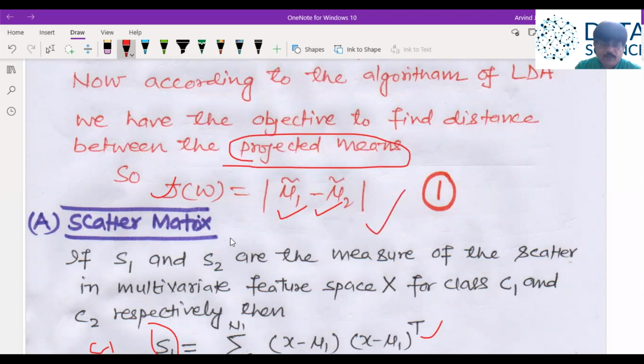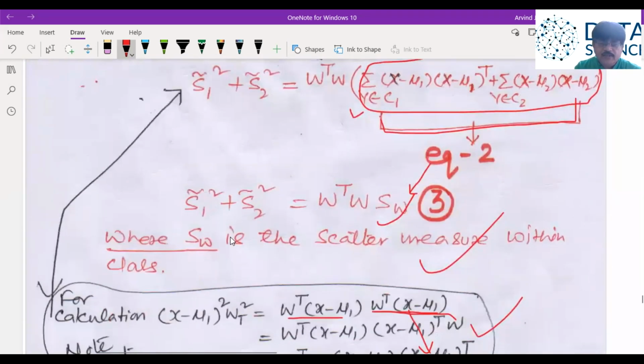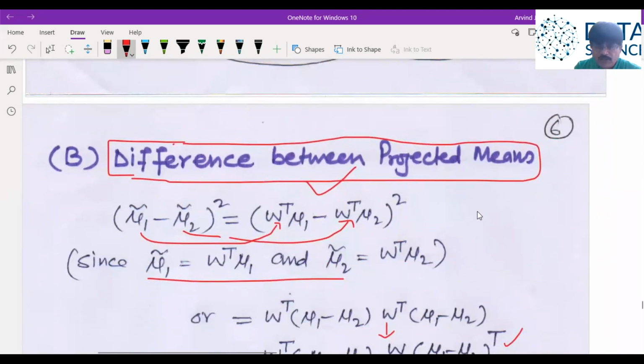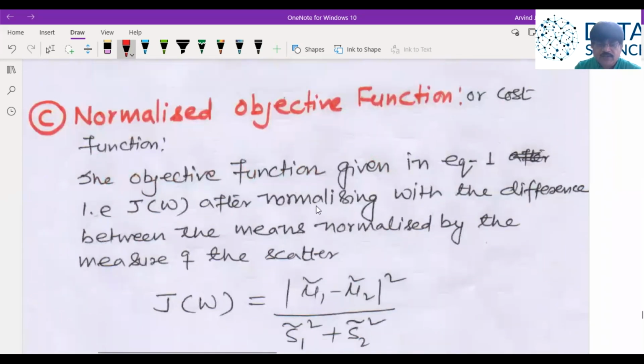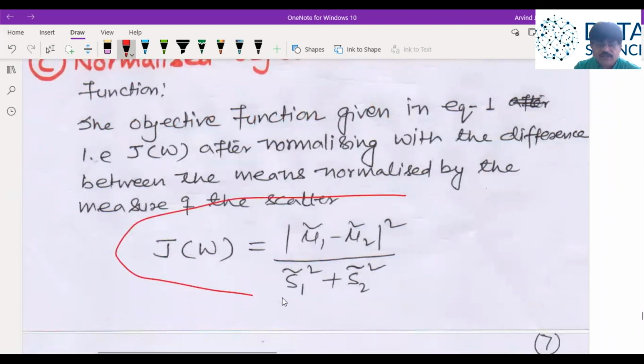Now, with the help of this scatter matrix and the difference between the projected means, we will normalize this function, and the normalized function will be this. J(W) is equal to (projected mu1 minus projected mu2) whole square upon S1 square plus S2 square. This is called the normalization of this function J(W).